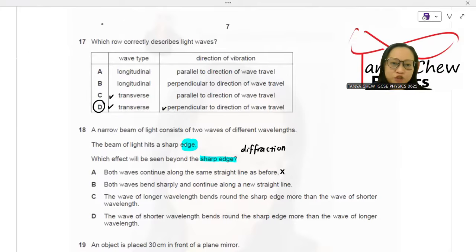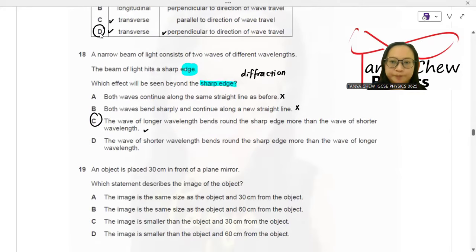Both waves bend sharply and continue along a new straight line. No, diffraction depends on wavelength. Since the wavelengths are different, it cannot travel in the new straight line. Now, the wave of longer wavelength bends around the sharp edge more than the wave of shorter wavelength. This is definitely true because the length of the wave is longer, it can bend even more. C is the answer.